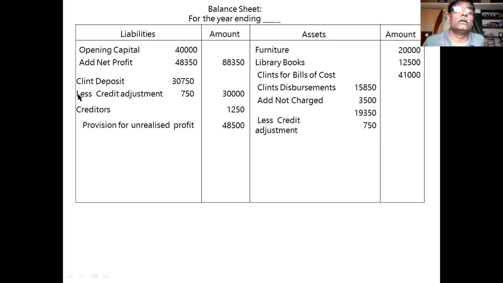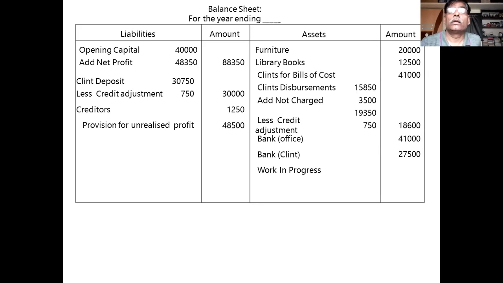Whatever shown on the debit side less, credit side also less. Okay. Amount is balance. Then bank, you take bank balance, client cash account, work in progress, you take the total. Total is 1,68,100. This is the problem of solving the lawyer. Okay. You see the next problem.